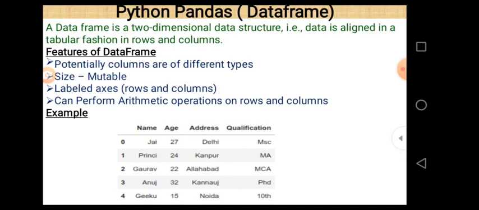By default it starts from 0, as in lists as well as in series. So that concept is quite similar to that of series as far as indexing is concerned. So this is an example of a data frame in which there are four columns: name, age, address and qualifications, and there are five rows here.